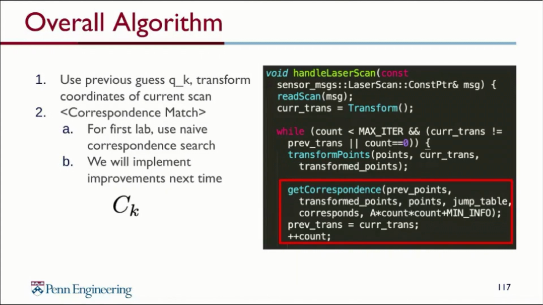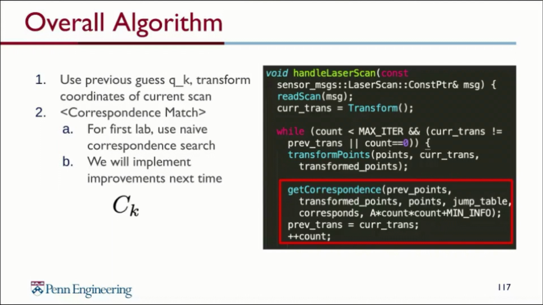After this coordinate transform has occurred, the set of correspondences at iteration k is defined as c of k, where each element is some tuple that determines which line segment a point is closest to. Now, for this first part of the lab, we'll use a naive correspondence search, where you basically just do an exhaustive search of trying to find the closest line segment.